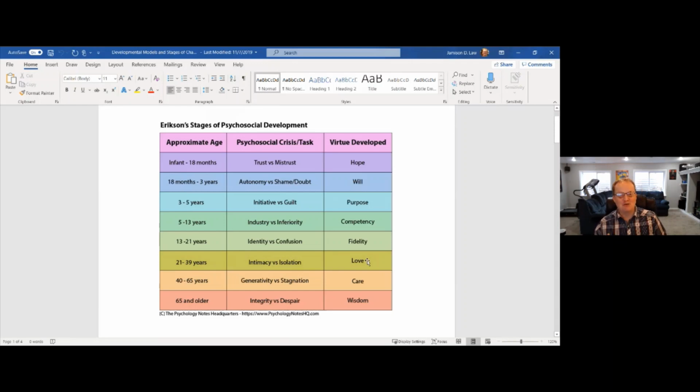And it also helped me to know how to approach him. For example, in talking with him, I learned about his growing up years, infant to 18 months, trust versus mistrust. We already know that there is a family member that is out of the picture, not involved, not helping. And he talked about how, as he continued to grow, having friends or many friends or trusting people was difficult.